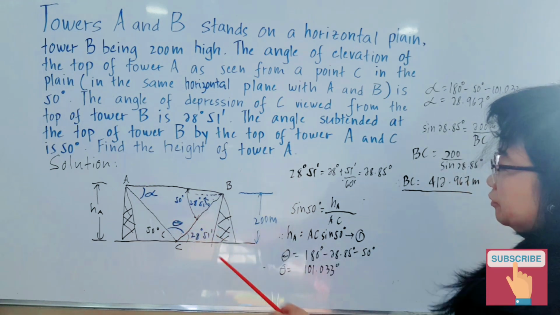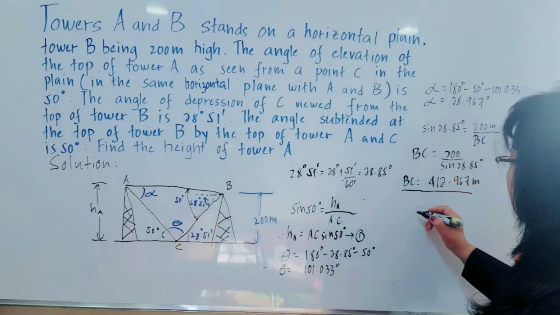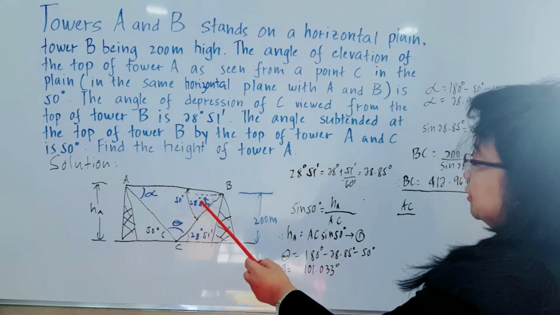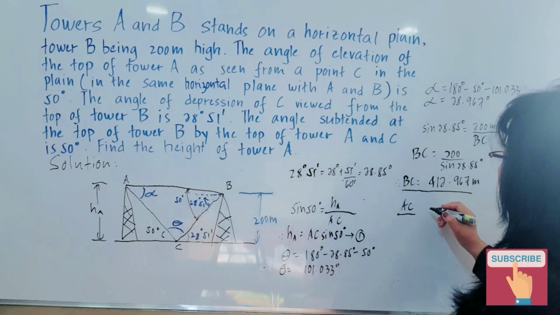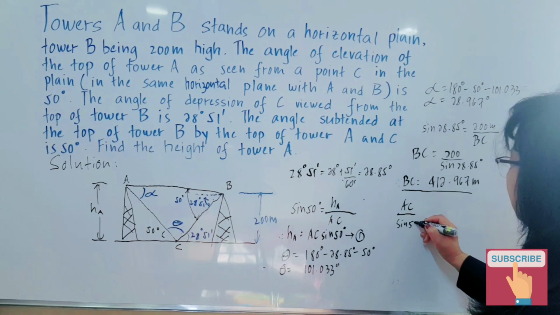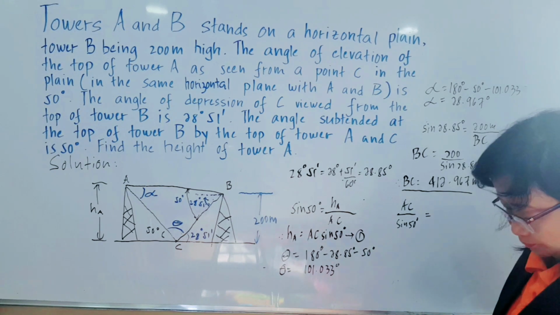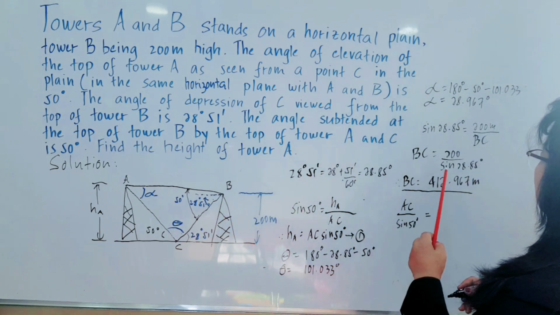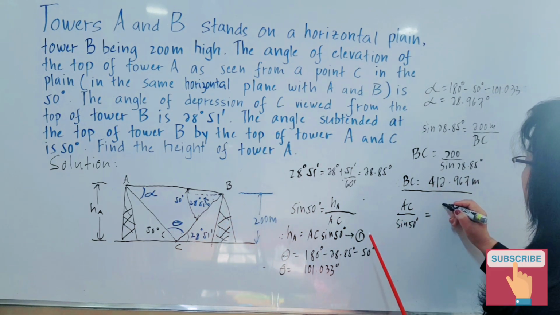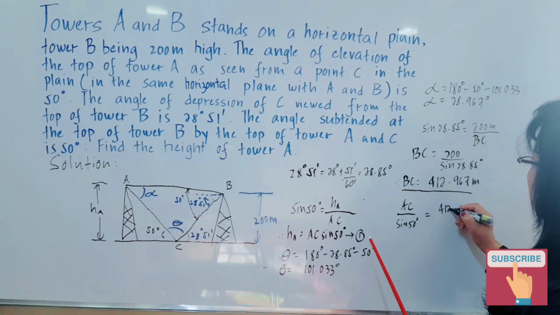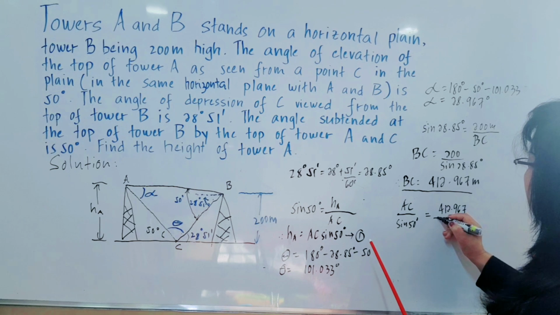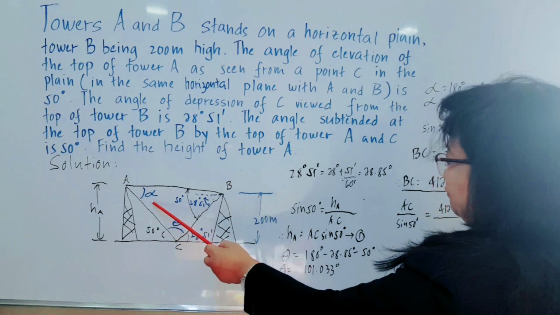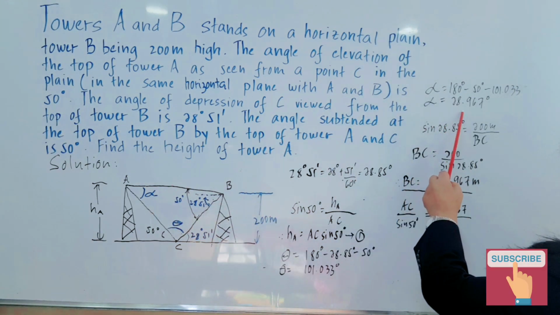To solve the side AC over the opposite angle of this side, which is angle B, equal to 50, so sine of 50 degrees equals BC, which we solved already, 412.967, divided by the opposite angle of BC, which is alpha, which we solved as 28.967.